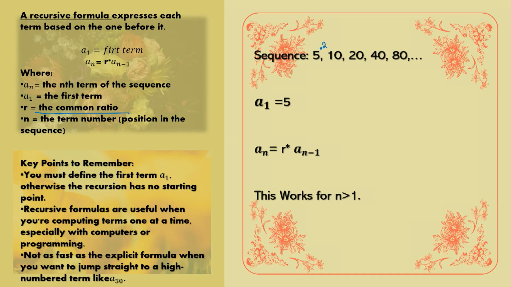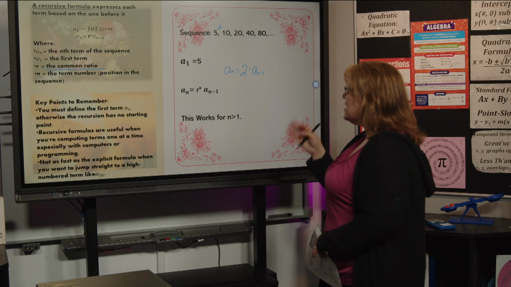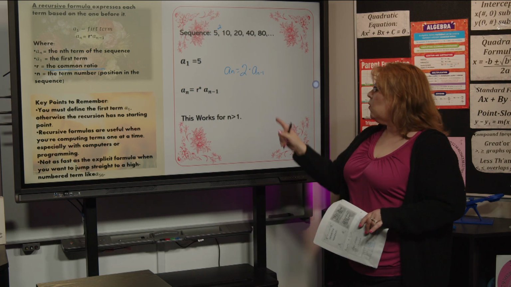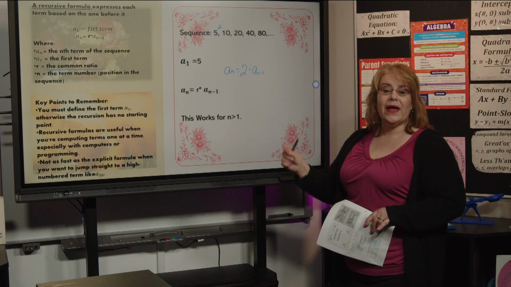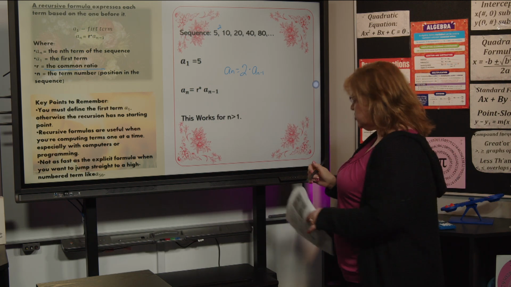If I look for any term, I take that 2 and multiply it by the previous term. This only works when n is greater than 1.